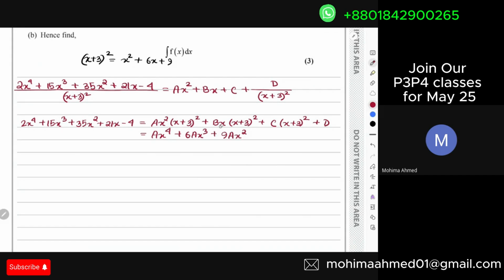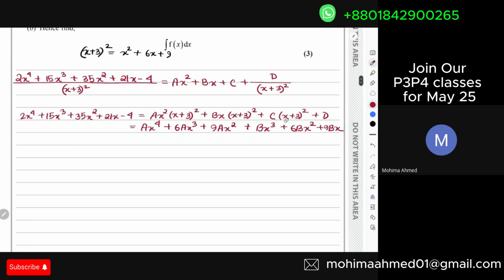Further again, you have to break down this bx with x plus 3 whole square. Bx multiplied with x square gives you bx power 3. Bx with 6x is again 6bx square. Bx with 9 is just 9bx, right? So you get this equation for bx with x plus 3 whole square.